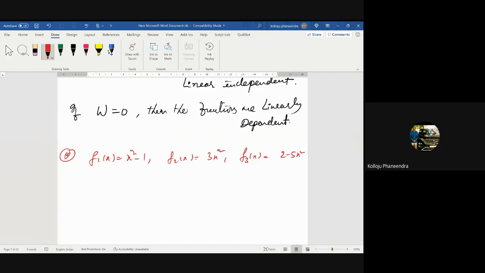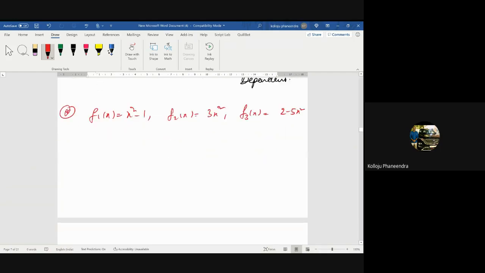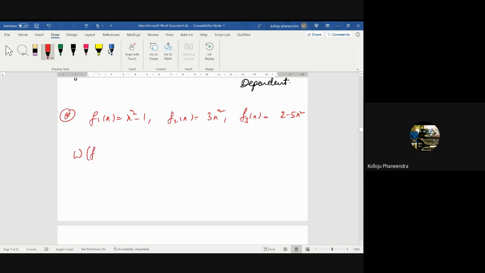Now, using the Wronskian method, we can decide whether these functions are linearly independent or dependent. The Wronskian of f1, f2, f3 is nothing but the determinant of: first write the functions, their first derivatives, and next the double derivatives.